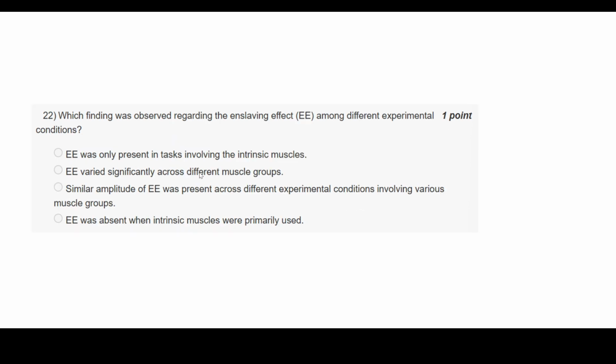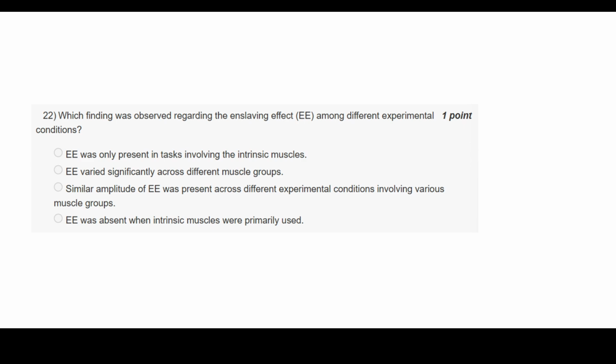Which of the following was observed regarding the enslaving effect among different experimental conditions? Enslaving effect was only present in tasks involving the intrinsic muscles. Enslavement effect varies significantly across different muscle groups.